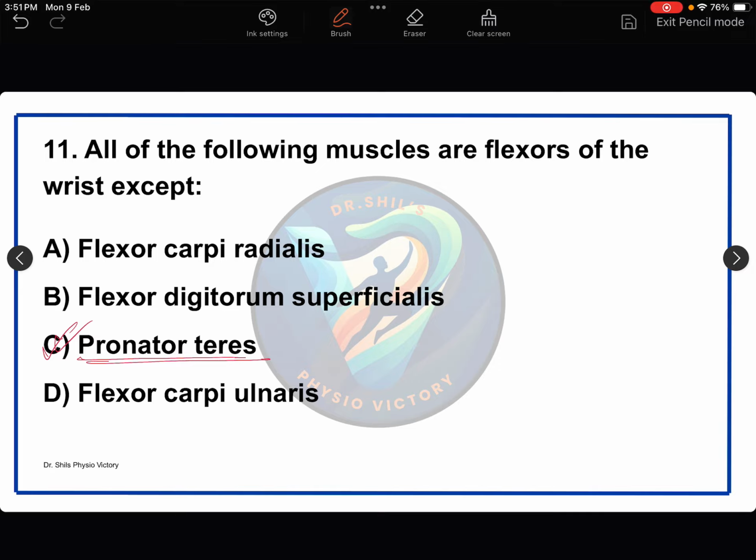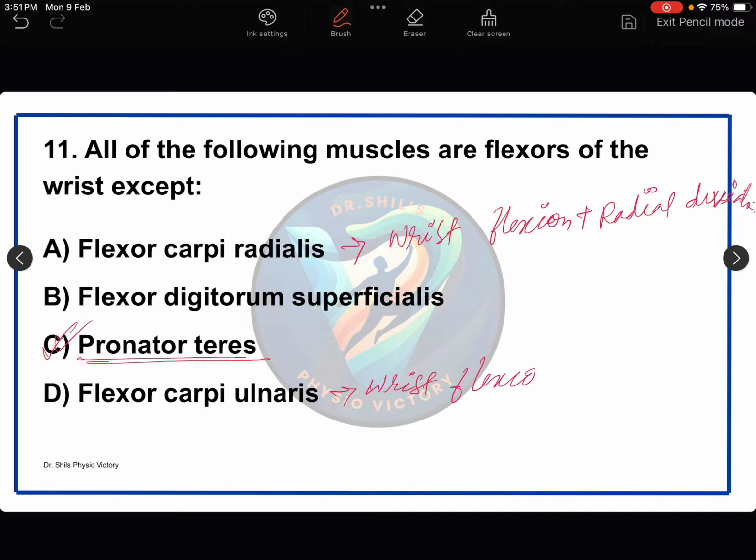Flexor carpi radialis: wrist flexion plus radial deviation. Flexor carpi ulnaris: wrist flexion plus ulnar deviation.